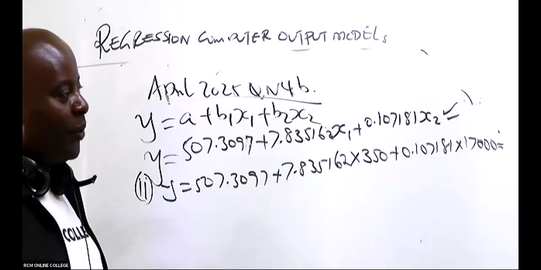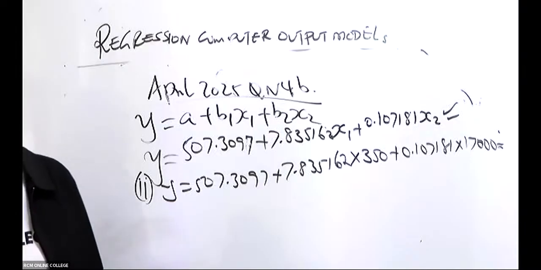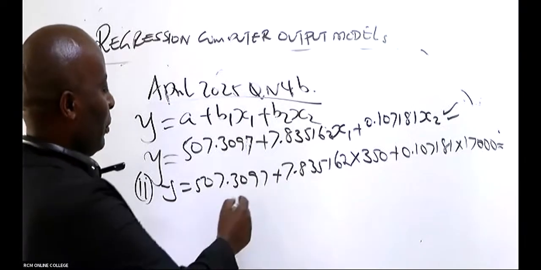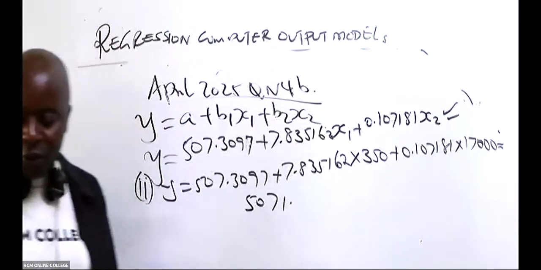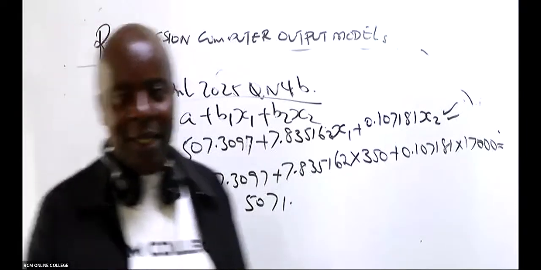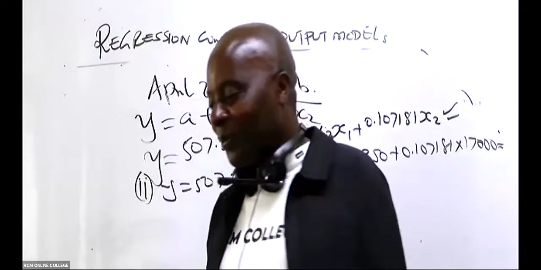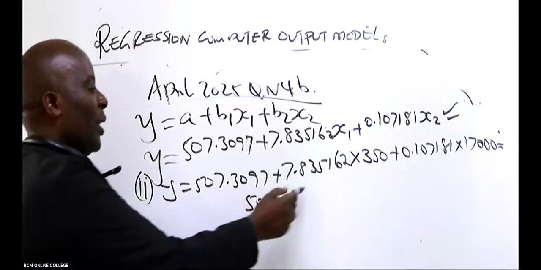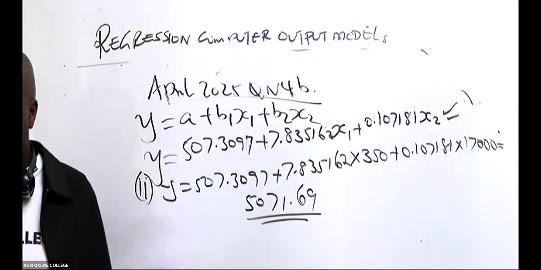Two online ninjas have given me that answer, so this must be the correct one, 5071 point something. Two people, most probably seated in very different counties in Kenya, cannot conspire to give me that big number and then it is wrong. So that is correct. I hope my great sister there will be able to get that.